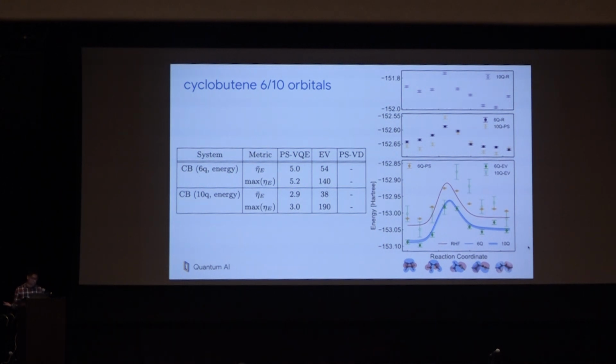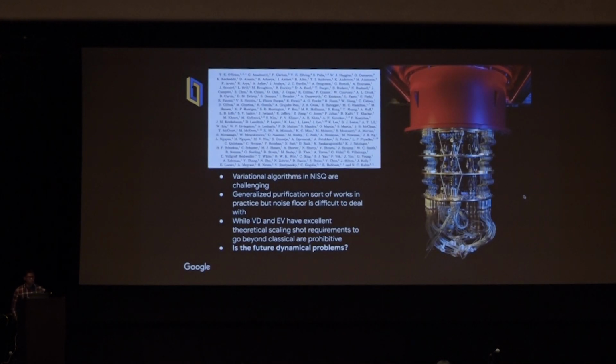The answer is largely no. The green points here are the echo verification data on 6 qubits. 10 qubits is something that doesn't look exactly like this curve, or I think most chemists would say it's not correct. And then the 10 qubit data is sort of off this scale. And so even with these powerful error mitigation techniques, it's quite difficult to reach the errors that we want.